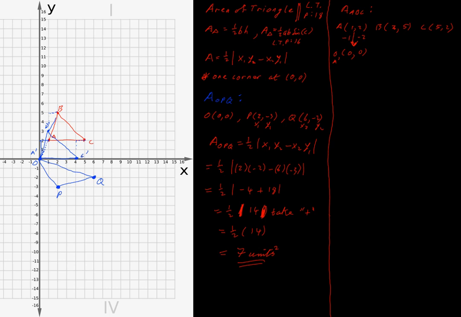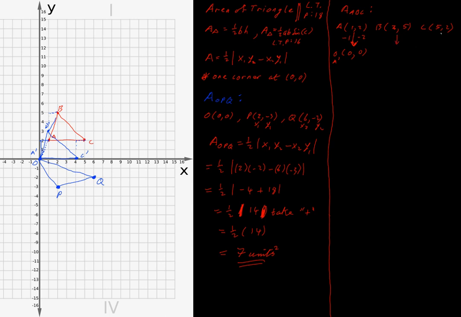And remember that we have this notation of C dash for the image of C, B dash for the image of B, and A dash for the image of A, which is also at the origin, which we usually call O.